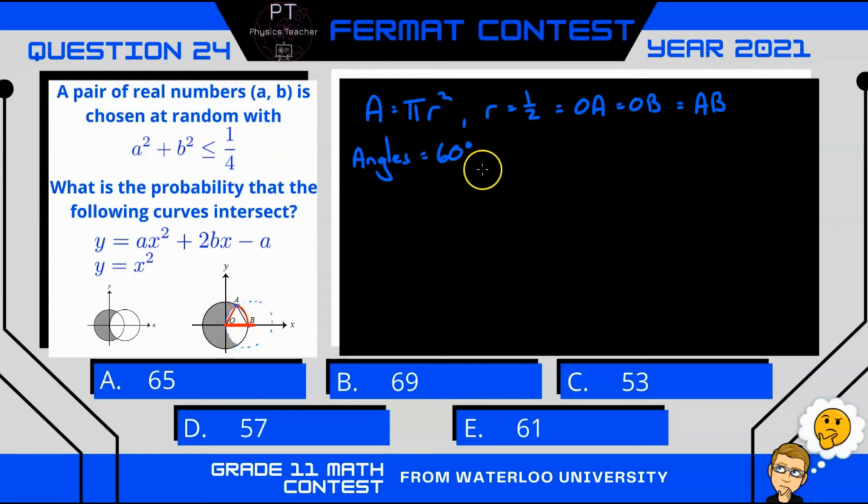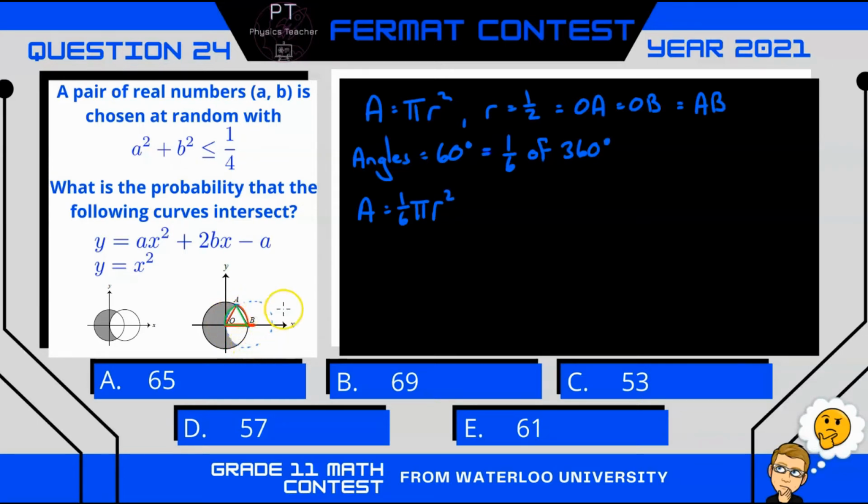Now, since 60 degrees is equal to 1/6 of an entire circle, 1/6 of 360 degrees, we can say the area inside of this red portion that I've drawn there is 1/6 pi r squared. Next, I can do the same thing here, which will include this curvilinear area outside of this triangle, and I would come up with the same result.